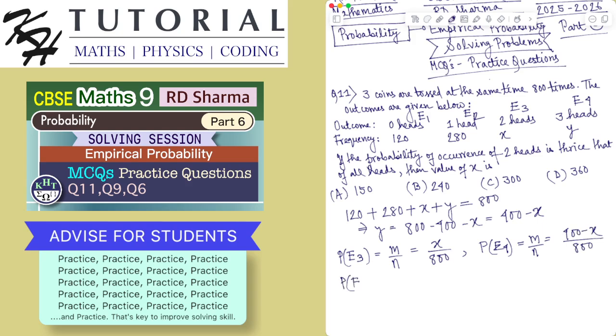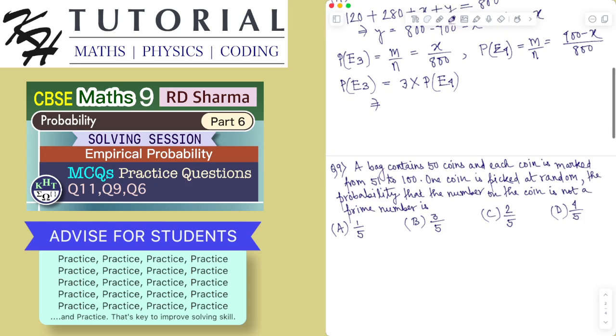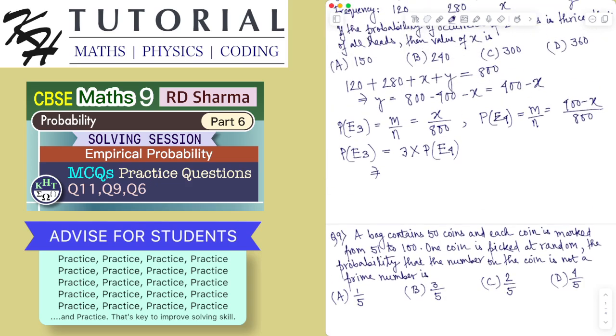Now it is given that the probability of E3, that is the probability of occurrence of two heads, is 3 times that of all heads. So we are given probability of E3 is 3 times probability of E4. Probability of E3 was x by 800, which is equal to 3 times probability of E4. Probability of E4 was 400 minus x divided by 800.